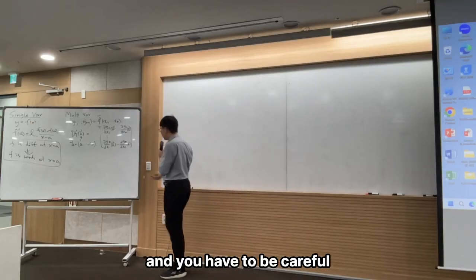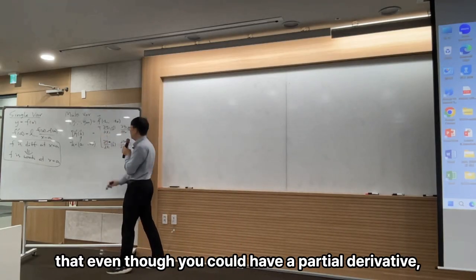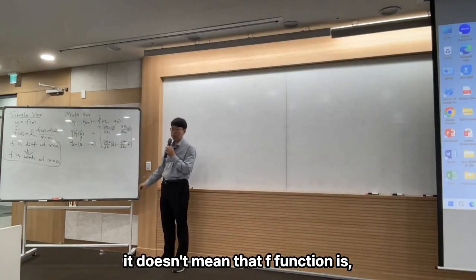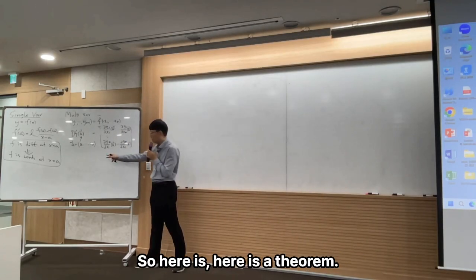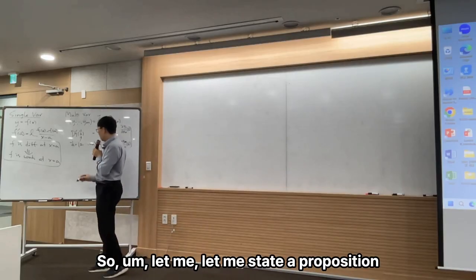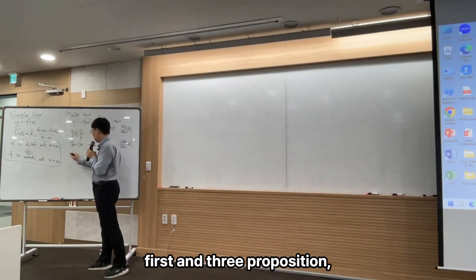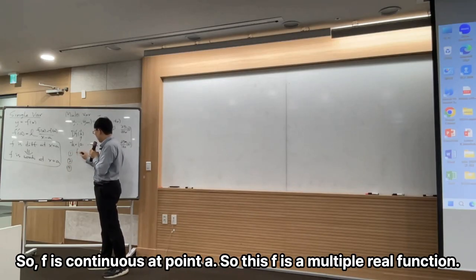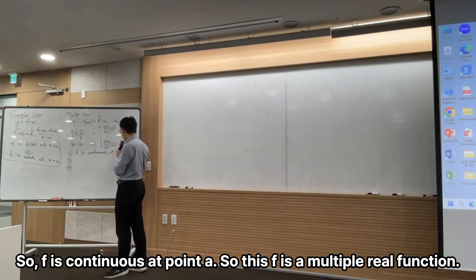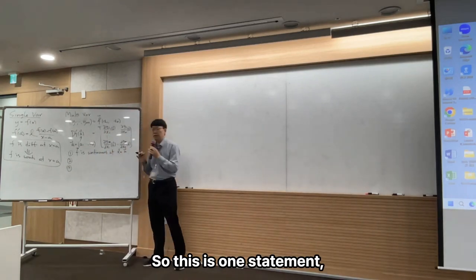And you have to be careful that even though you could have partial derivatives, it doesn't mean that the function f is always differentiable. So here is a theorem. Let me state a proposition first, with four claims, and I'm going to give you the relation between these. The first claim: f is continuous at point a. This f is a multivariable function. So this is one statement. It's not a theorem.